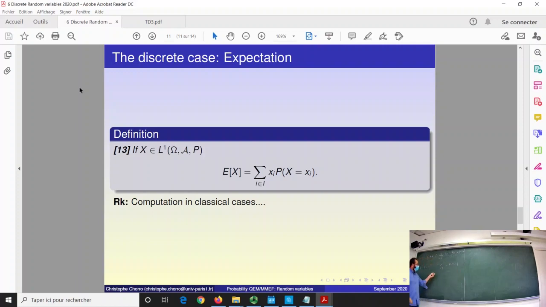This sum can be over an infinite number of indices, but I know that it is correct to write it because this one is finite. So the sum is convergent, if you remember the definition of being convergent for us. And this sum, now well defined if I am in L1, is just what I call the expectation. Simply.